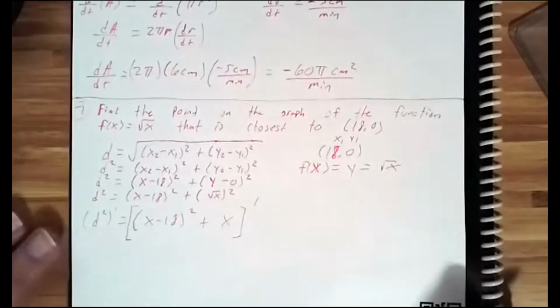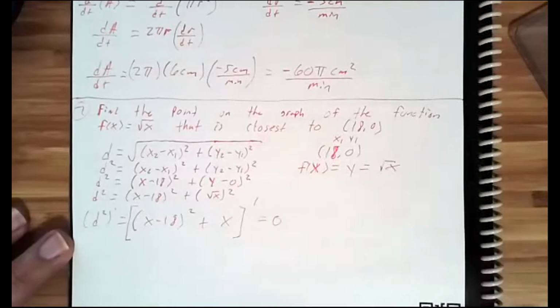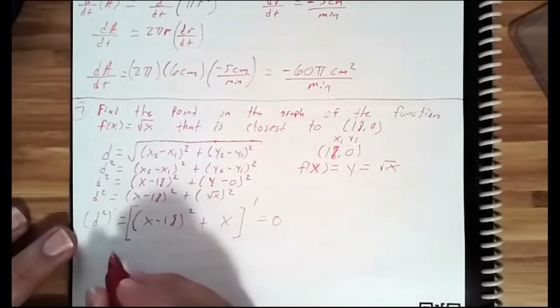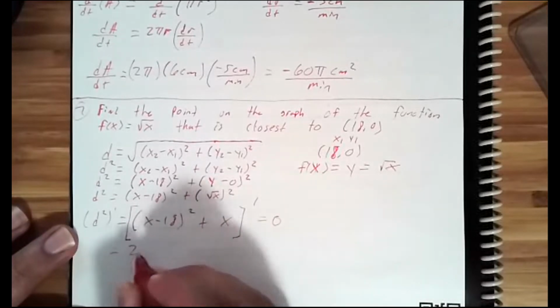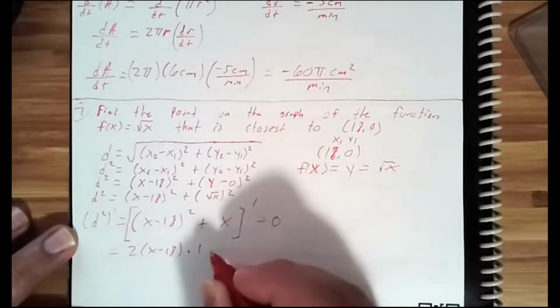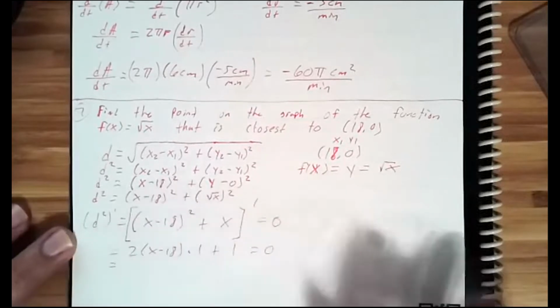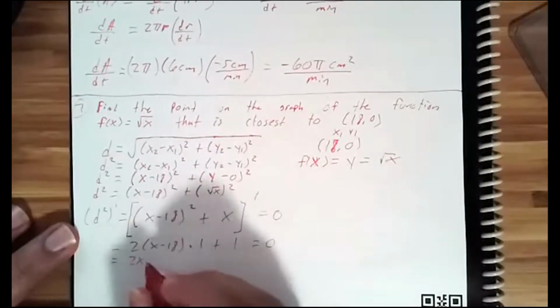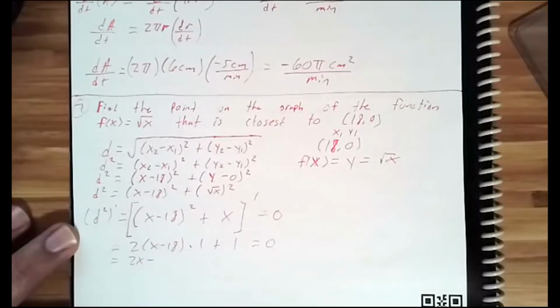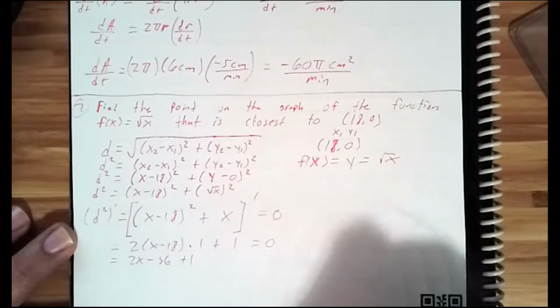It's one derivative of both sides, and then you have to set it to 0 to find the critical number. So that will be 2 times x minus 18 times 1, plus 1. That will give us 2x minus 18 times 2. What is that? 36, right? Plus 1.